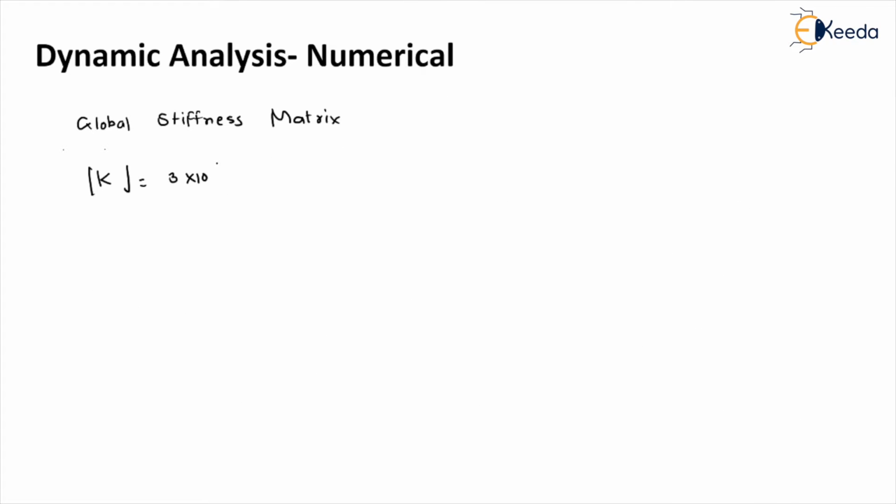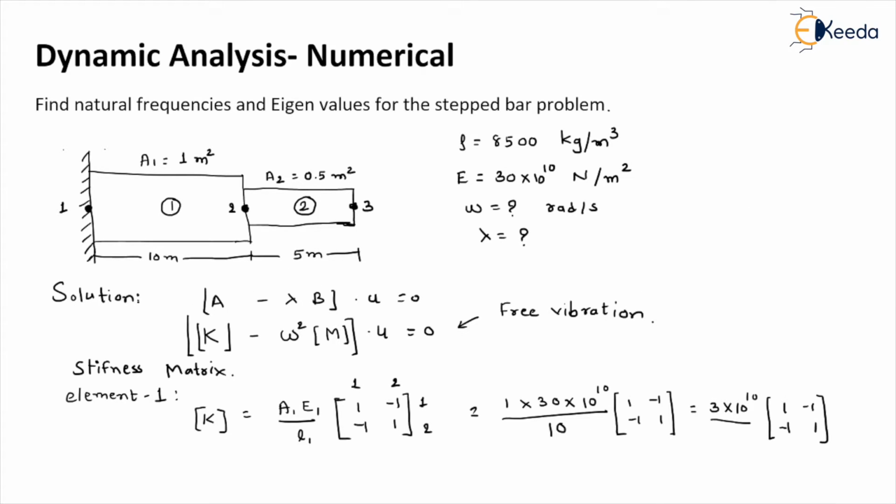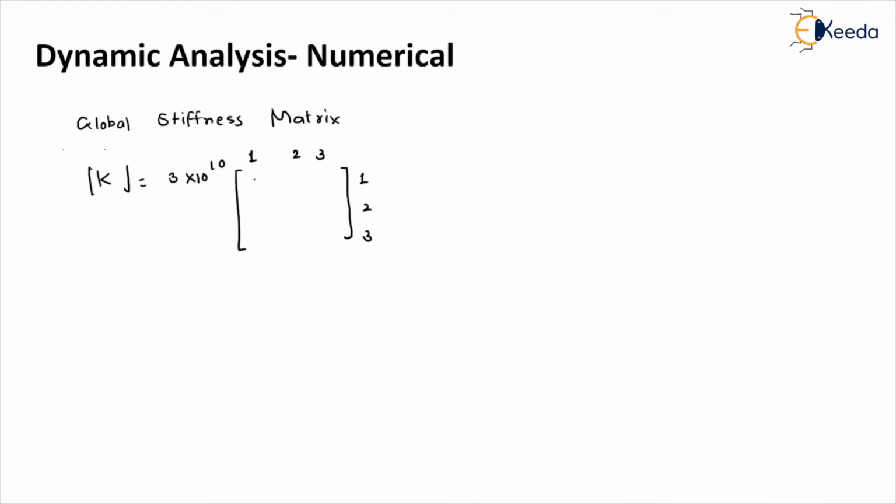And the matrix is a 3 by 3 matrix: 1, 2, 3, 1, 2, 3. So we need to merge these two matrices, which have the same values 1 minus 1 minus 1 1. For element number 2 it is also 1 minus 1 minus 1 1. So combining these matrices we get 1 minus 1 0, minus 1 2 minus 1, 0 minus 1 1.